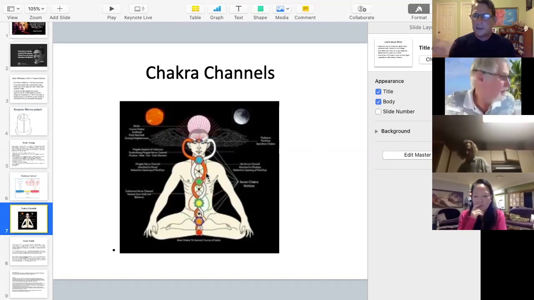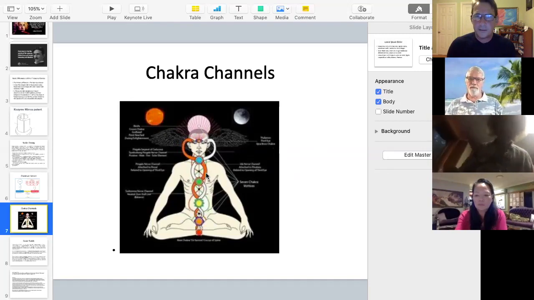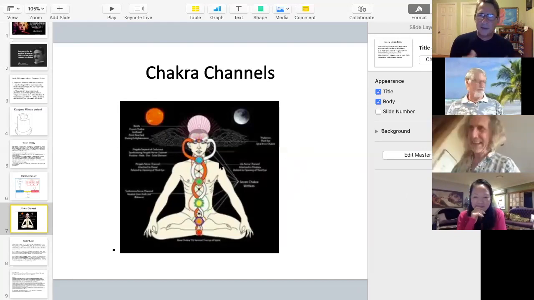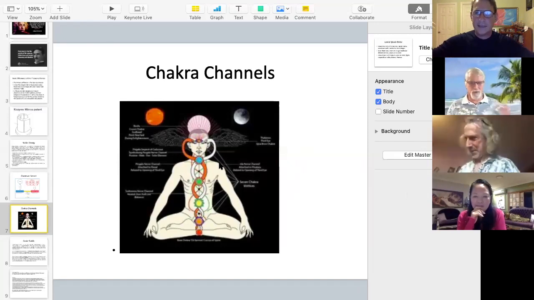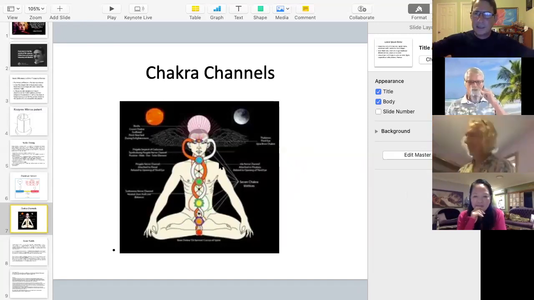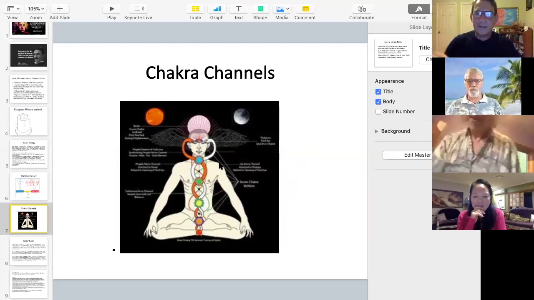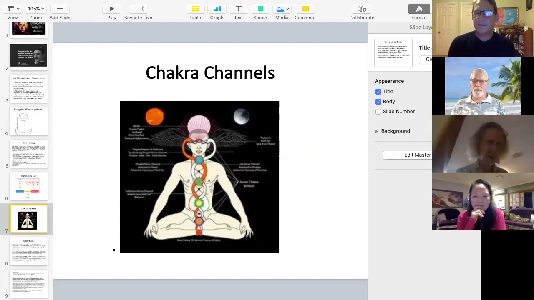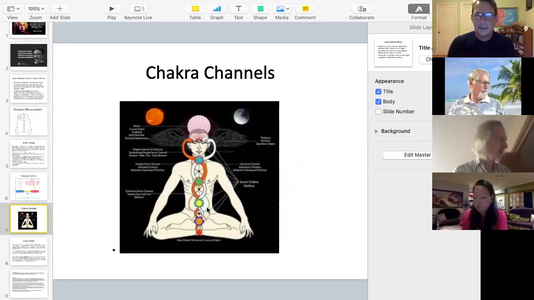So these are the chakra channels that connect the flow of energy in the different layers of consciousness. Most people have an understanding of the chakras and how they pull the energy down through the different layers of consciousness. Each layer of consciousness has its own set of chakras and its own meridians. And then we have these interconnecting structures between the chakras. Now, not a lot of people know the function of these channels.